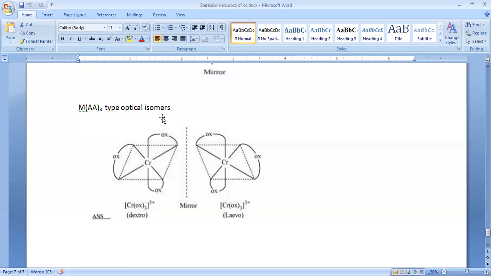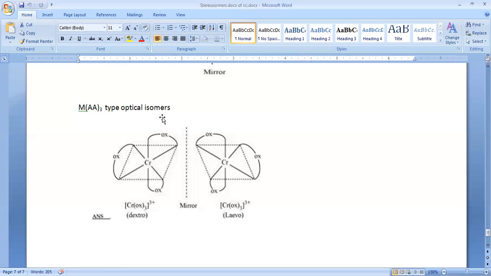Geometrical isomers are again of two types, cis and trans. If two similar groups or two reference groups are oriented on the same side, then that geometry is known as cis. If two similar groups or two reference groups are oriented at 180 degrees, in opposite directions, then that is known as trans.